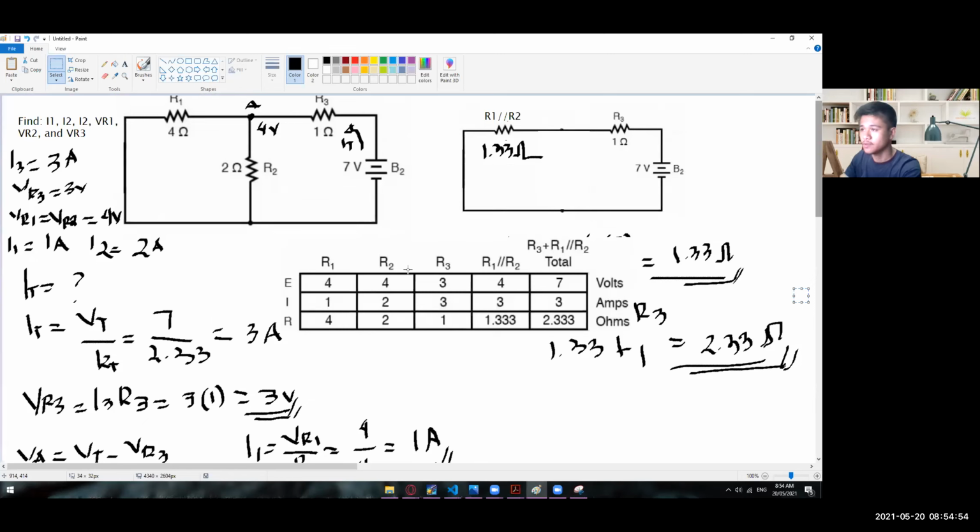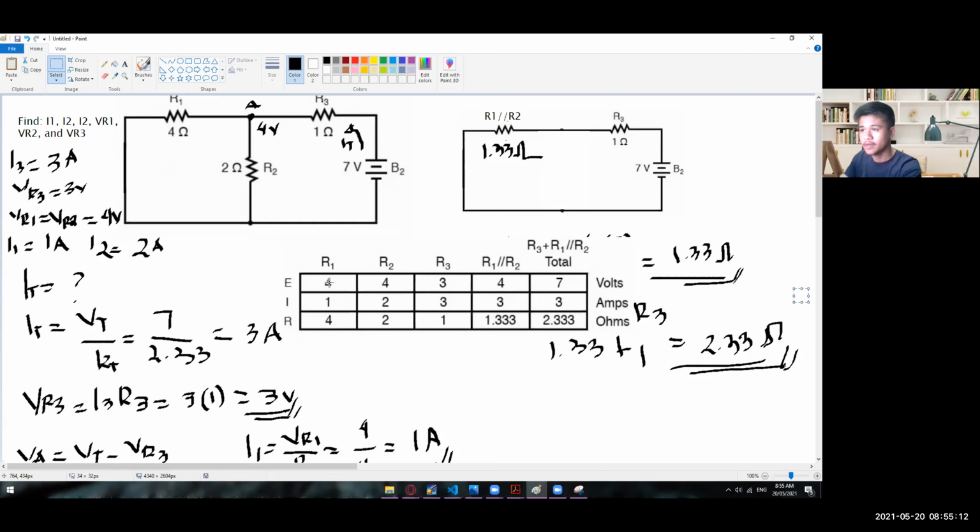And then moving on to the R2, so we have here a voltage drop, which is 4 volts. There you go. And then 2 amps for the R2 or I2 right here. And then 2 ohms for its own value of resistor.